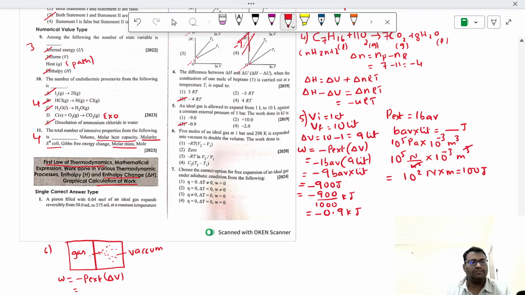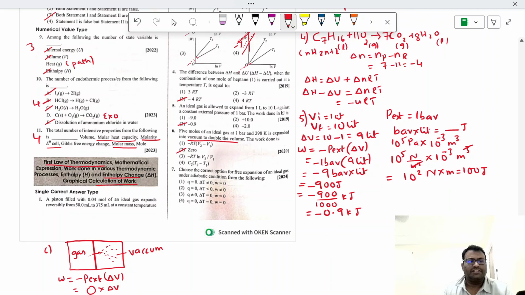If there is no opposing force, then automatically work will not be done. That means external pressure is equal to 0. 0 into delta V is equal to 0. So work done in expansion of a gas into vacuum will always be equal to 0 because external pressure is equal to 0.